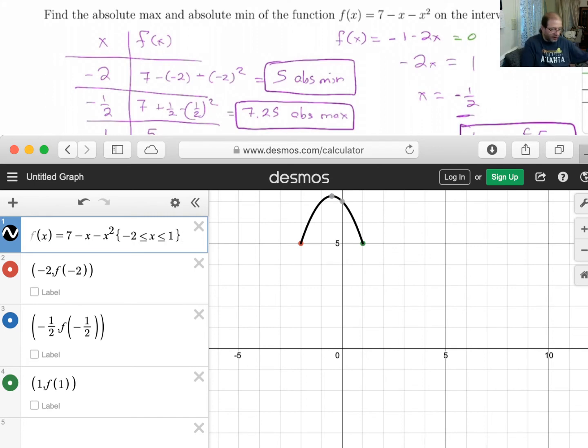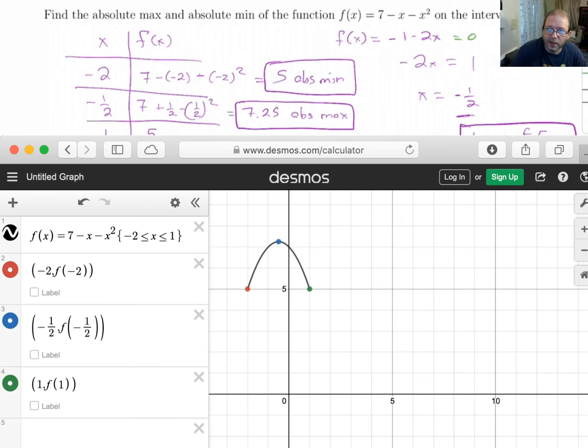You get less than or equal to by typing less than and then equal to. So that's the interval we're looking at, from -2 to 1. And so we get the absolute max occurring once, and the absolute min occurring twice.